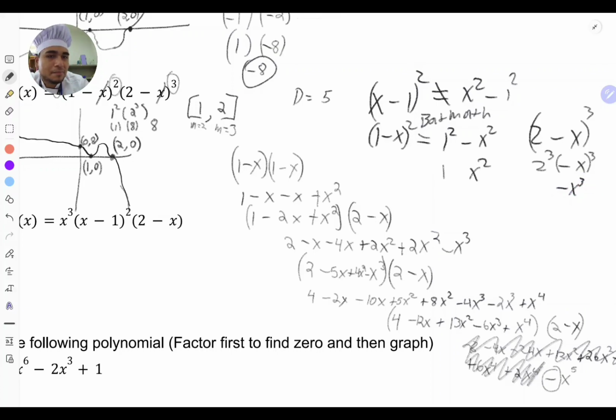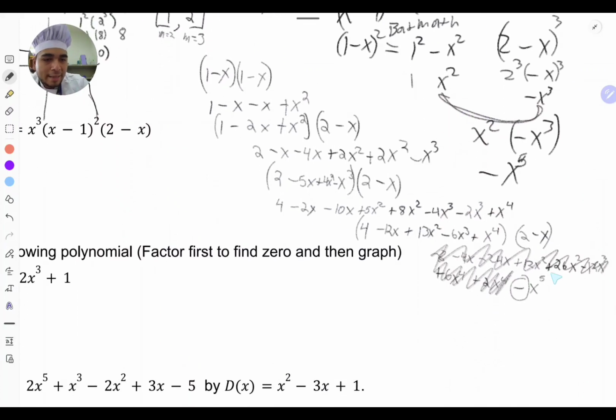And there we go. Since these two are being multiplied together, we multiply these two together. What is x squared times negative x cubed? Well, that is just negative x to the 5th, which is what we get here.